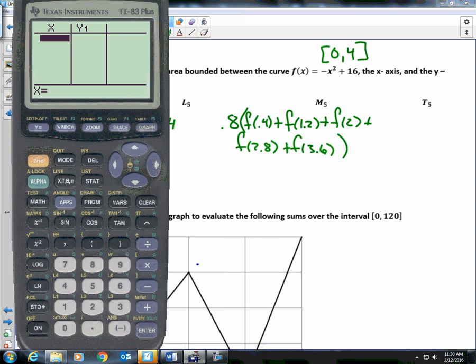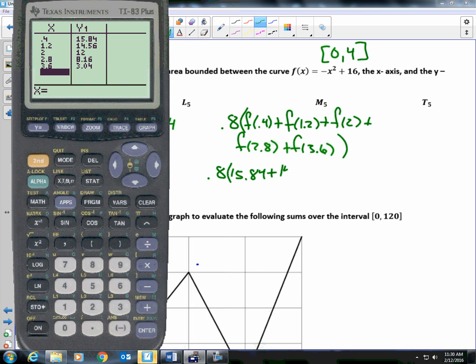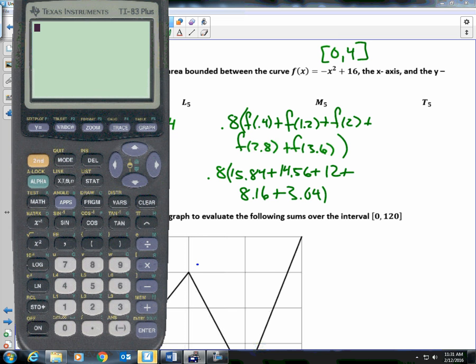Table values at 0.4, 1.2, 2, 2.8, 3.6. Those are my 5 values. 0.8 times the sum of those: 15.84, 14.56, 12, 8.16, 3.04. Which gives 15.84.